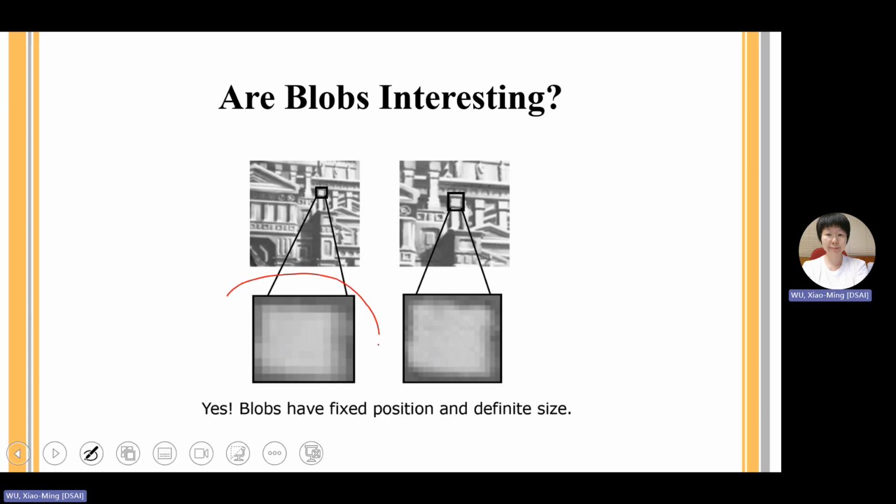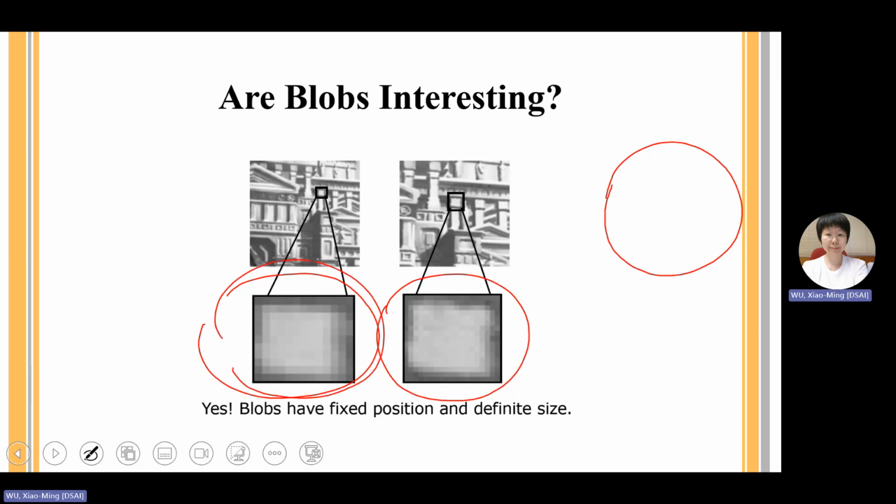So this is blobs. It's a loose term. It doesn't mean it has to have this ball shape. It just means a patch that has some variation in the appearance or colors.